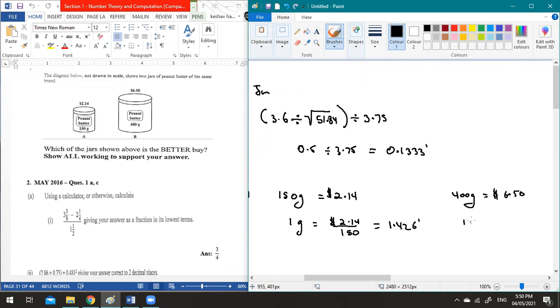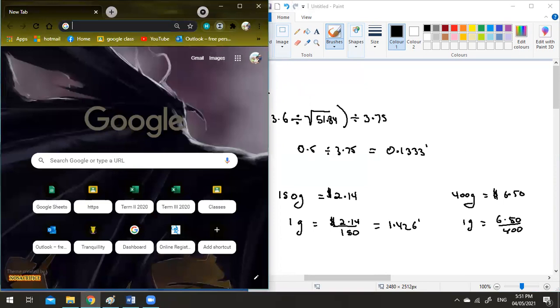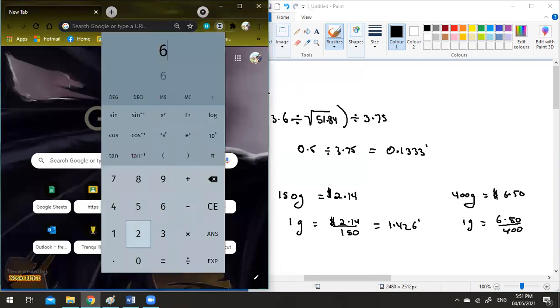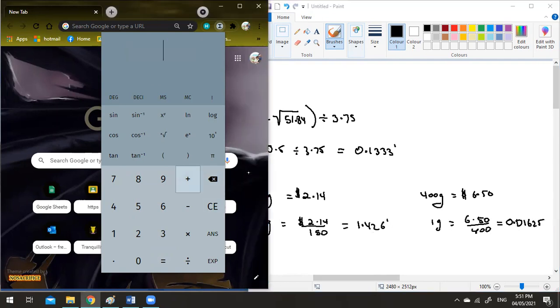Alright, so for 1 gram, in this case we divide by 400. So 6.50 divided by 400. We get 0.01625.